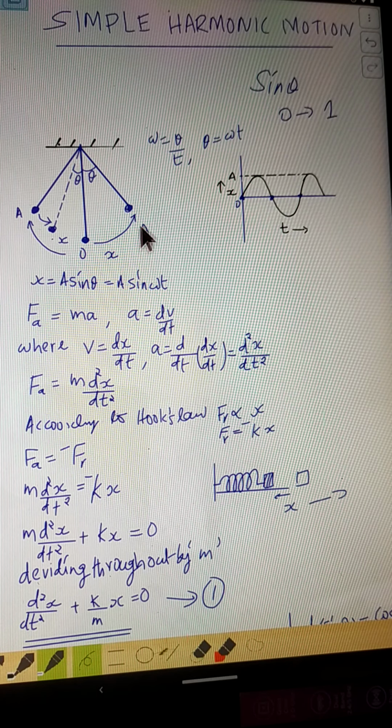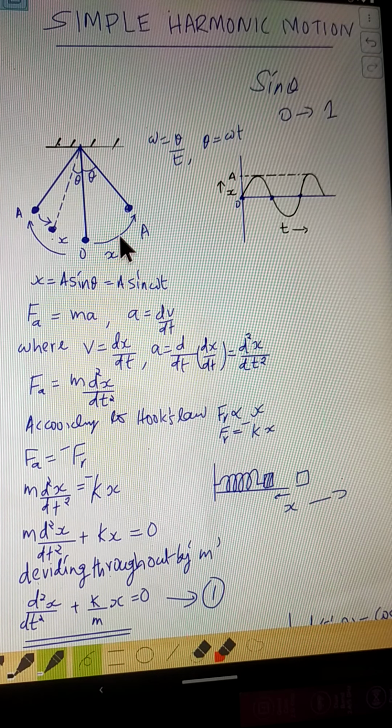Now the nature of this displacement: with respect to the equilibrium position, the displacement is 0. Then it increases to the maximum value, then comes back to the equilibrium point. Once again the displacement is 0 with respect to the equilibrium point. The second time it touches the equilibrium point, it goes to the other extremity, and when it comes back to the equilibrium point for the third time, one oscillation is completed.